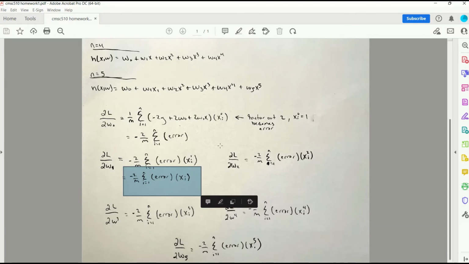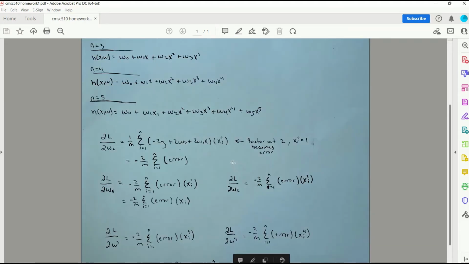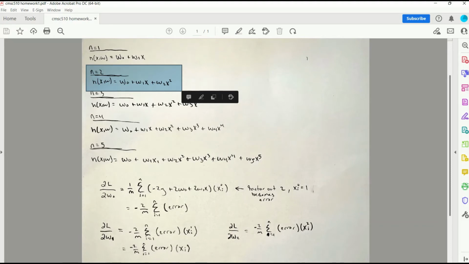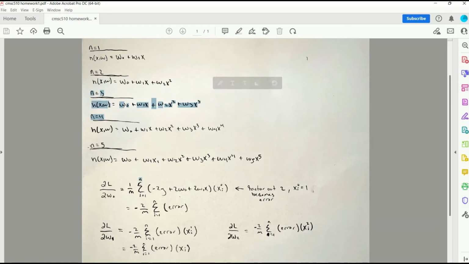And so on and so forth. If we want to calculate the gradient or the partial derivative of our loss with respect to weight 2, why would we have a weight 2? Well, in this model, we do, right? So in this one, we would be calculating the gradients for 3 weights. For this one, it would be for 4 weights. This one 5, this one 6.